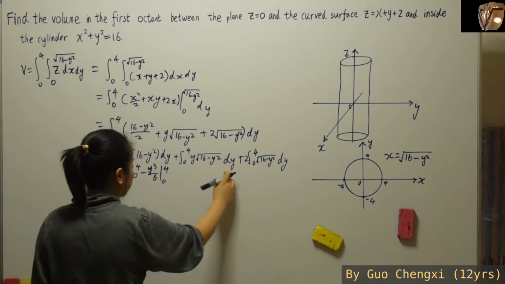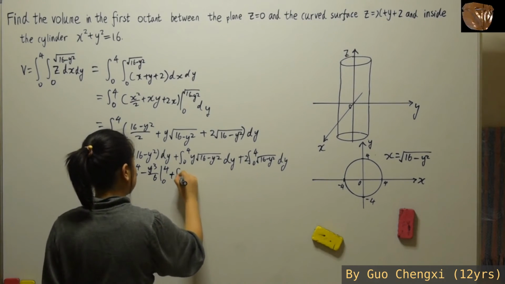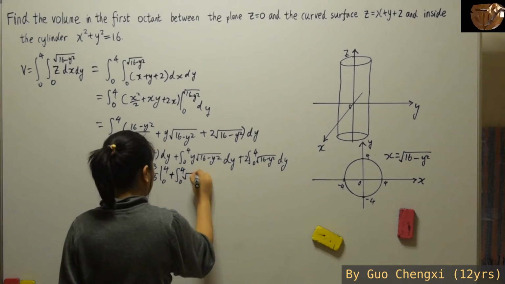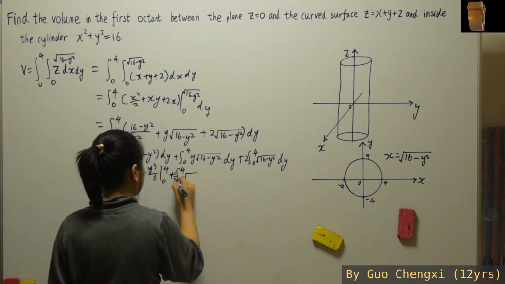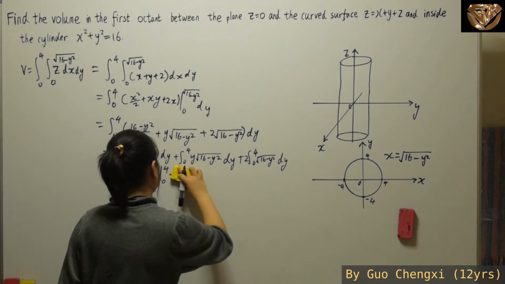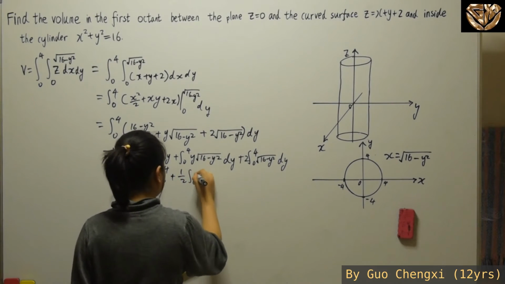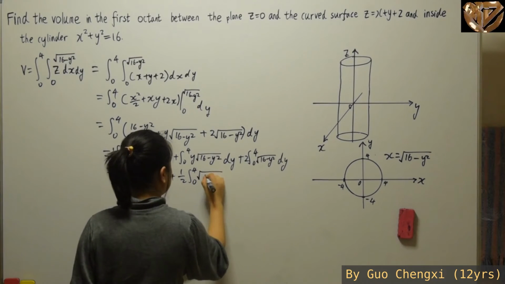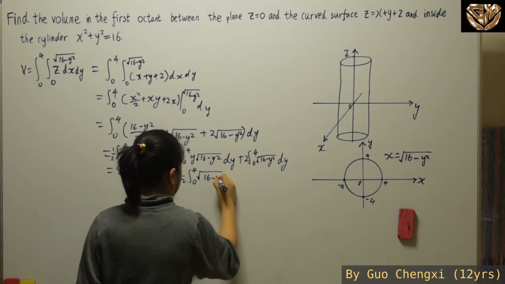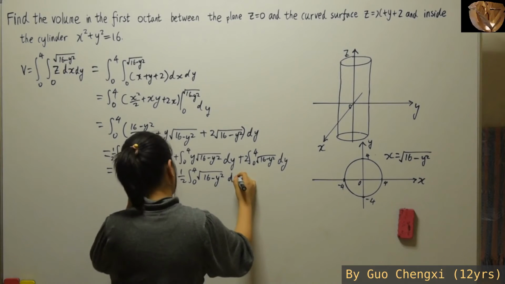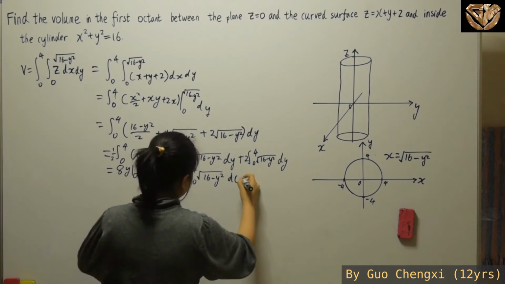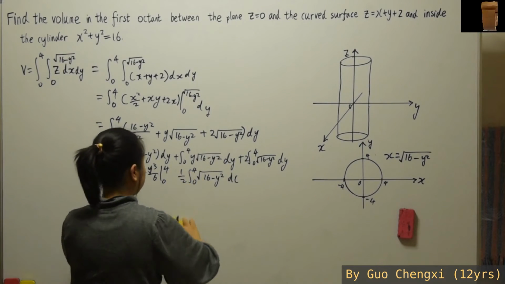Well, for this part, you put this part inside and you're going to get a half integral from 0 to 4 of square root 16 minus y squared. So supposedly here it's supposed to be y squared, right? But let's make it the same.